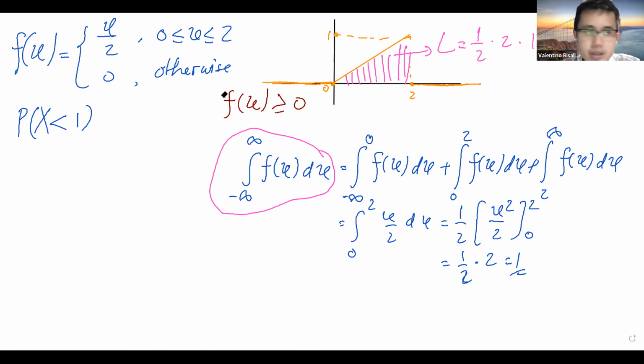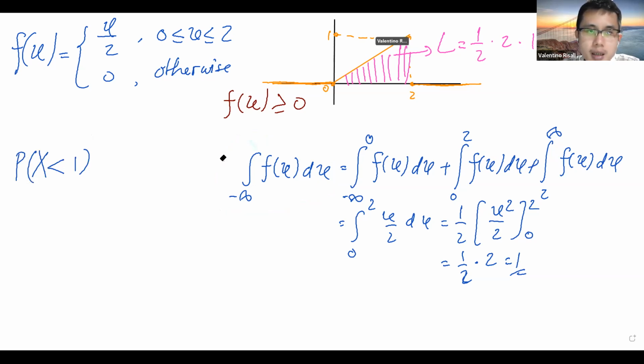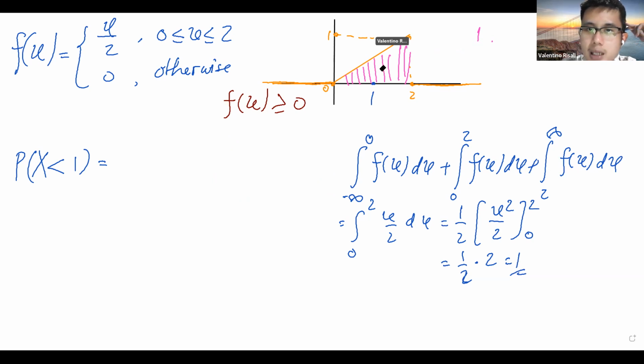Okay, let's continue to our problem, that is the probability of x less than 1. Here is 1, and the probability x less than 1.